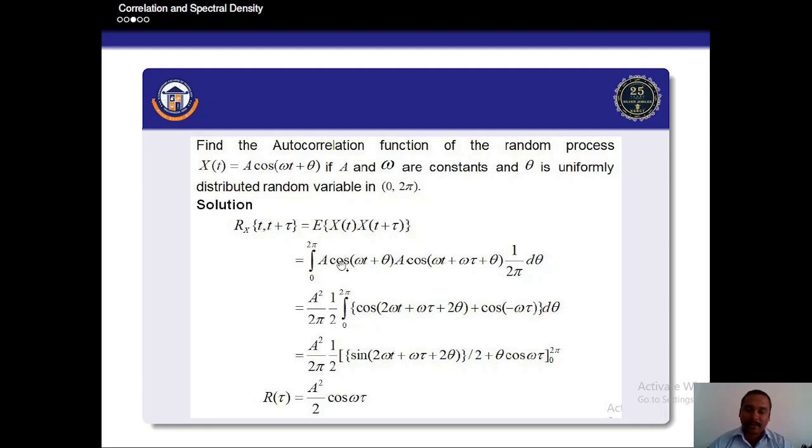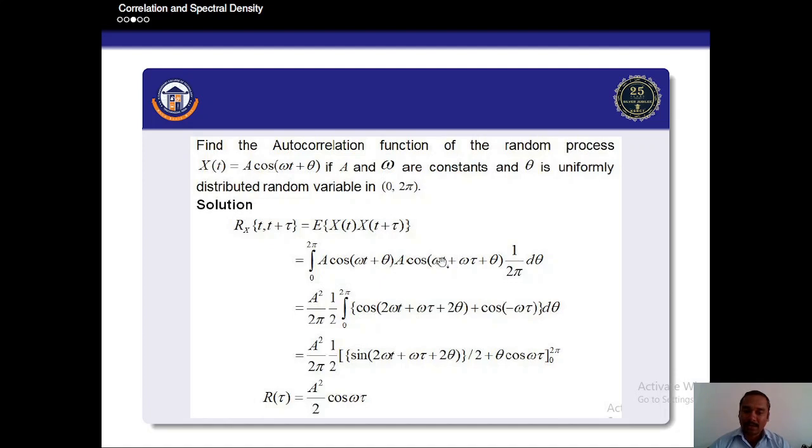It is in the form of cos A cos B. That means cos(omega t plus theta) equals cos A, and cos(omega t plus omega tau plus theta) equals cos B. Now apply the expansion of cos A cos B, which equals 1 by 2 times [cos(A plus B) plus cos(A minus B)]. So I add these two terms: cos(2 omega t plus 2 theta plus omega tau) plus cos of the subtracted term.